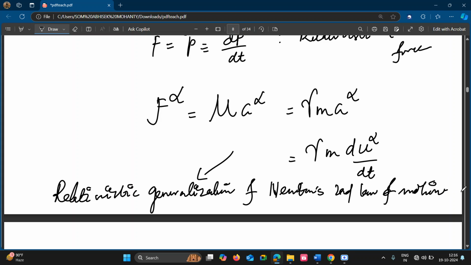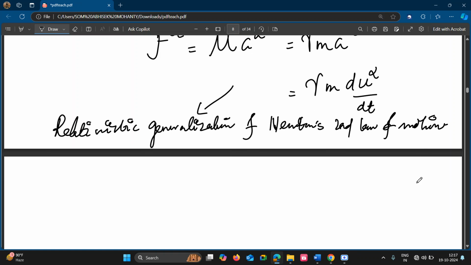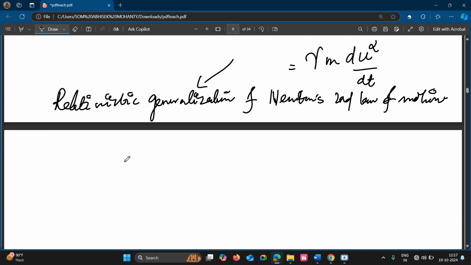Okay. So for a particle moving with instantaneous velocity v, the time derivative of total energy is what? Power. Power is force into velocity, so I can write E dot is equal to F dot v.